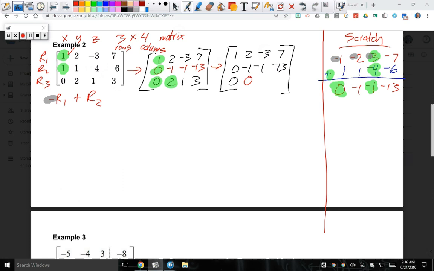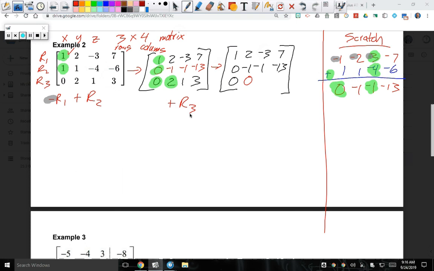Do you agree that I'm going to add row 3 to something? Yeah. What could it be? So here we go. I'm going to show you 2 ways, because this is where the mistakes start to happen.